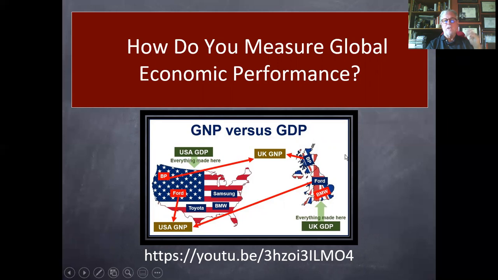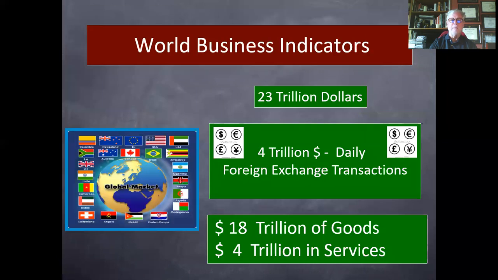So usually in a country that had foreign direct investment, you would see they also had not only a good GDP, but a good GNP. World indicators in business right now show $23 trillion, $18 trillion in goods, and it should be 5 trillion in services.